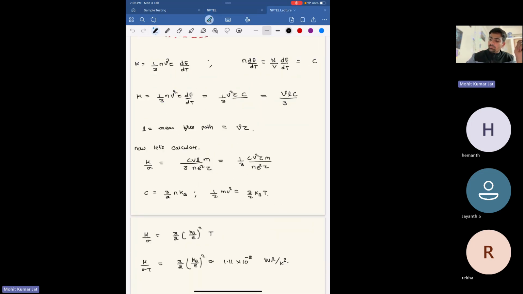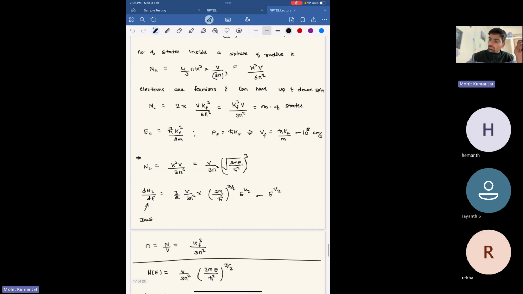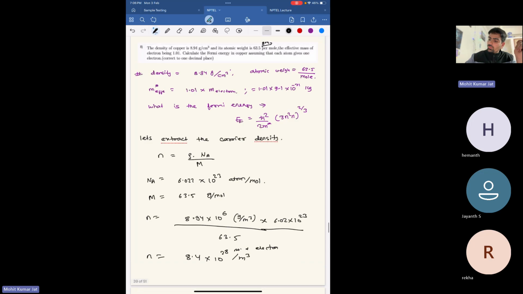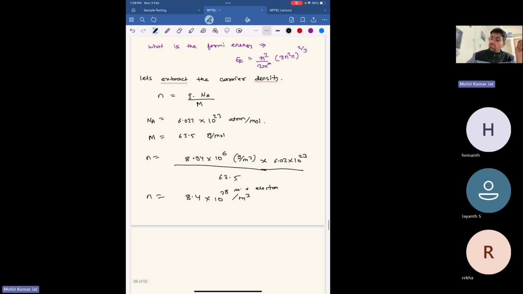If I know the N, these are class notes, I'll follow this equation, substituting equation 2 in equation 1. So my EF will be h bar square by 2 m star times 3 pi square times 8.4 times 10 power 28 to the power 2 by 3.